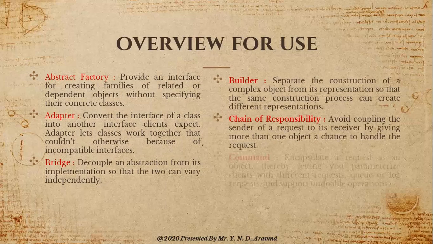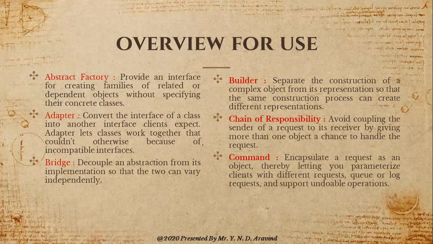Now, the sixth one is Command, which encapsulates a request as an object, thereby letting us parameterize the client with different requests, queue or log requests, and support undoable operations.